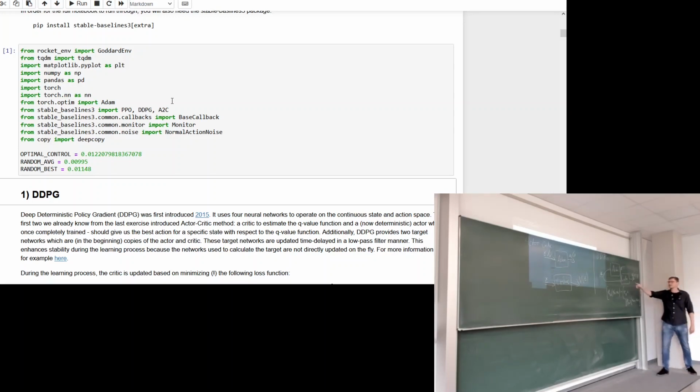But it gets more interesting for the actor, because now we can compute a deterministic gradient. That's hence the name, deterministic policy gradient. We can calculate the gradient from here to here, right? This is a continuous function where we can calculate the derivative, and this is also a continuous function where we can calculate the derivative.